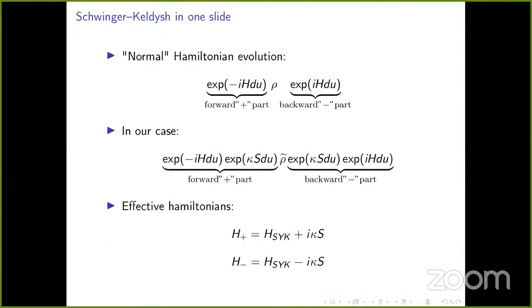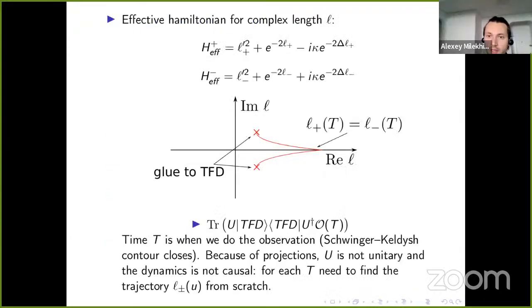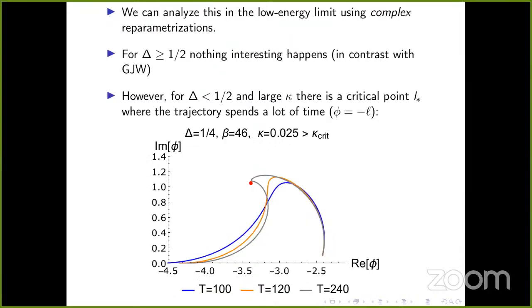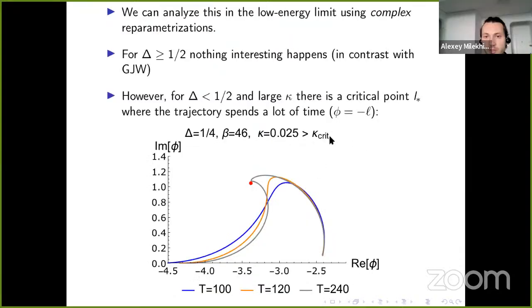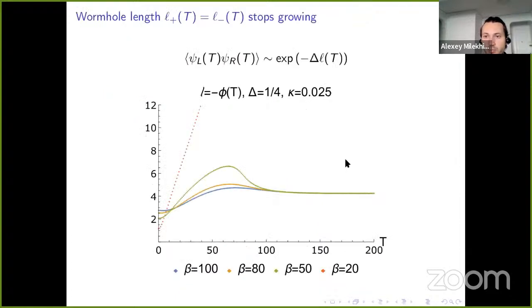And also, from the boundary perspective, it comes from evaluating the G sigma action on your solution, and the solutions here are very similar to the solutions in the Maldacena-Qi case. So I think it should disappear, but I haven't done any calculations.